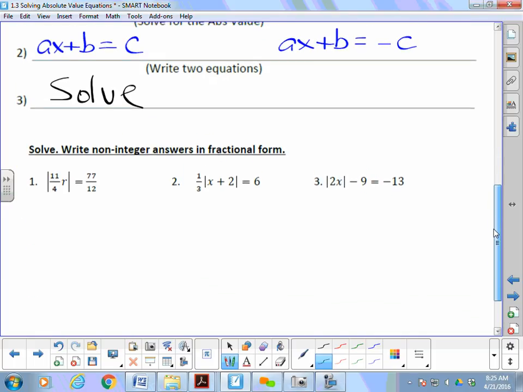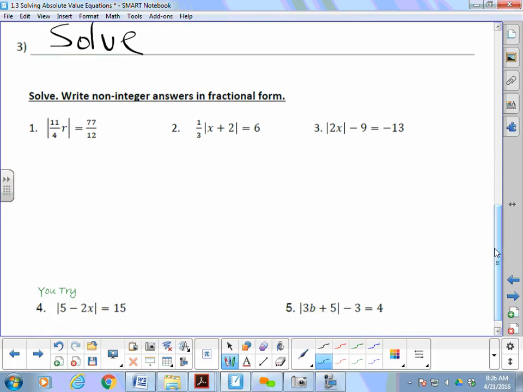Okay, here we go. Numero uno. The absolute value of 11 over 4 R equals 77 over 12.